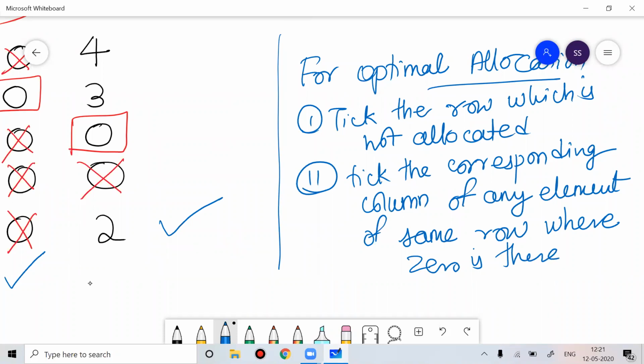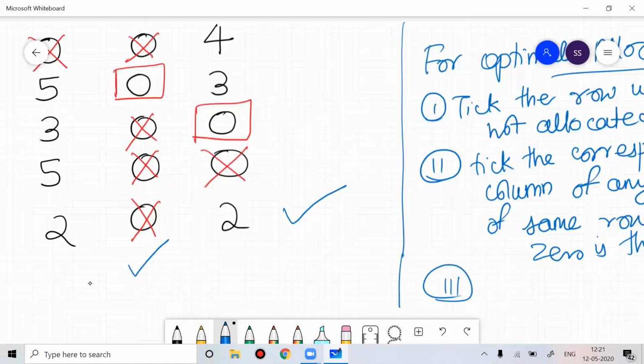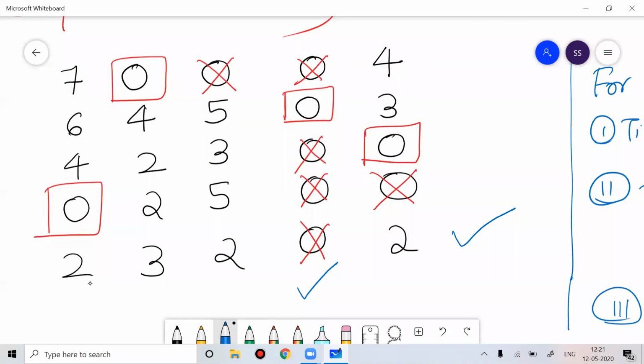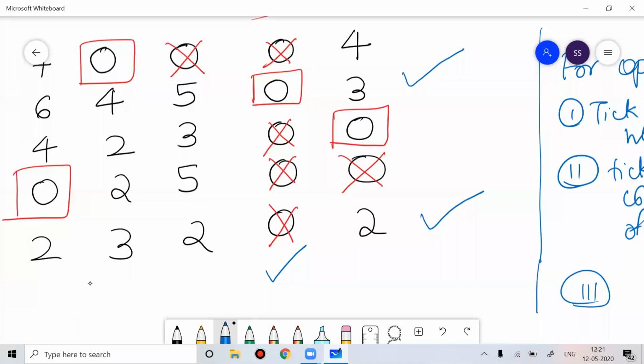I've done that. What is the third step? In the third step, what you will do?